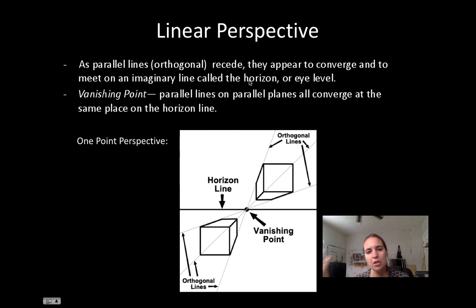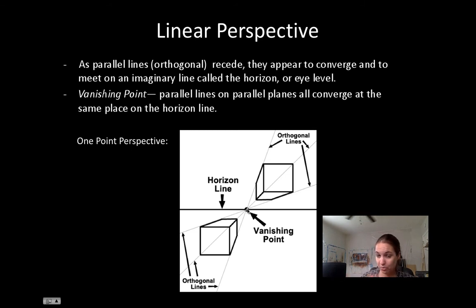Okay, so linear perspective is probably the most complicated way of showing space or depth, and when you go to the next page, or one of the pages on the modules, it will walk you through drawing this. But what it is, it's just parallel lines that recede and appear to converge to meet an imaginary line called the horizon, or the eye level. So this is your eye level, this is the vanishing point, and these are called orthogonal lines.